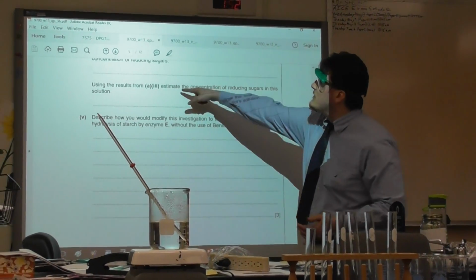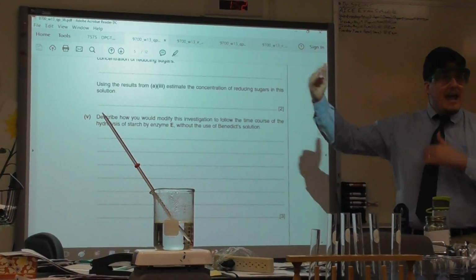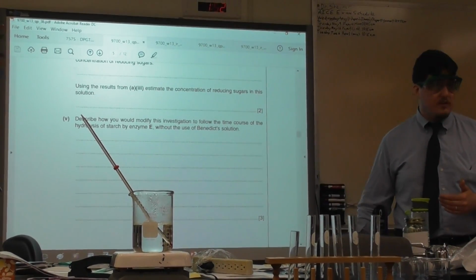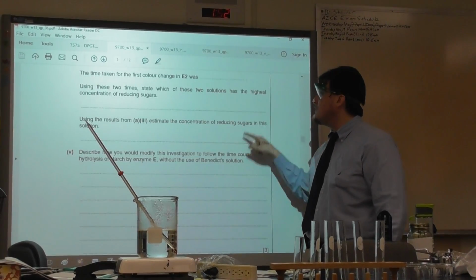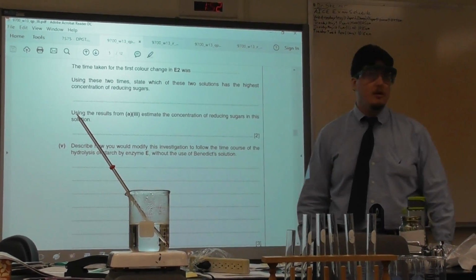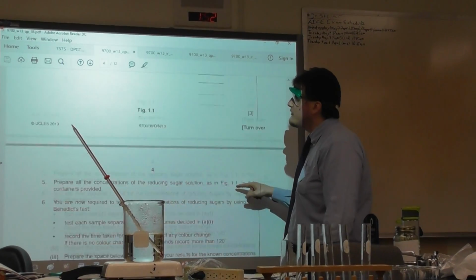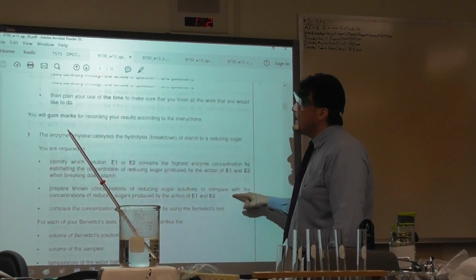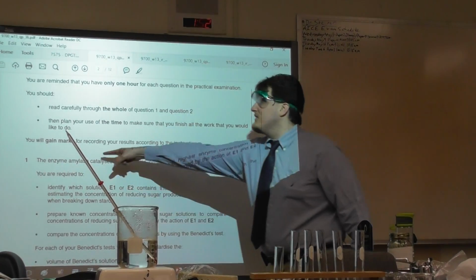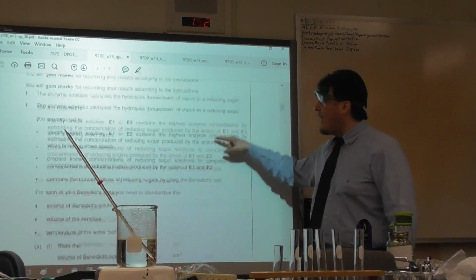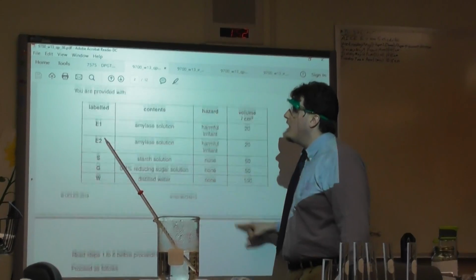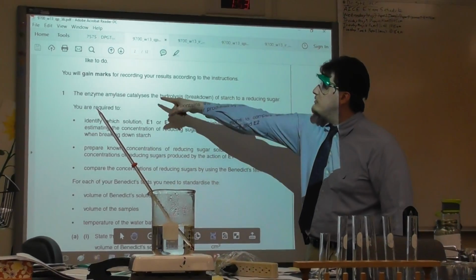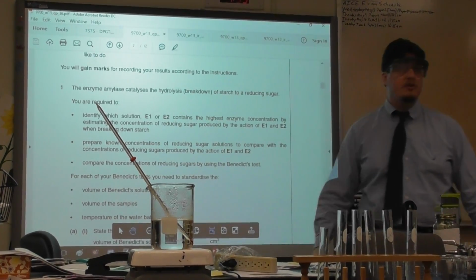And then using the results from A3, which was the table of my known concentrations, I'm going to use that to estimate the concentration of reducing sugars in the solution. Remembering, of course, from way back in the beginning, that the enzyme amylase, which is what is found in E1 and 2, which is an amylase solution, is responsible for hydrolyzing starch into reducing sugars.